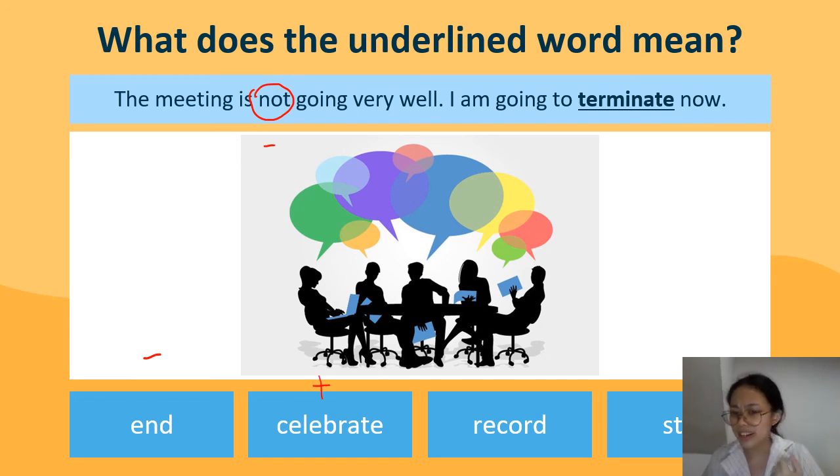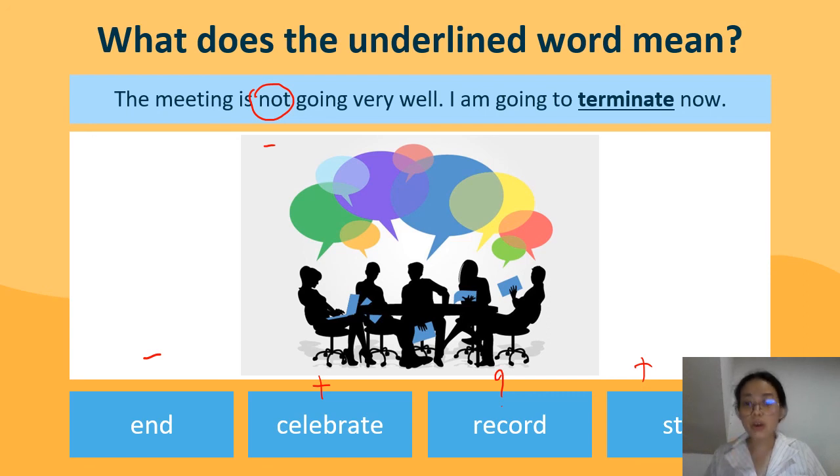A positive way, have a party, make you feel happy. Record. I'm recording a video for you to learn. I'm going to record now. Not yours. And start. When you start something, when you start a relationship, it's kind of good. You have a new lover. So it's positive. So there are two for you.